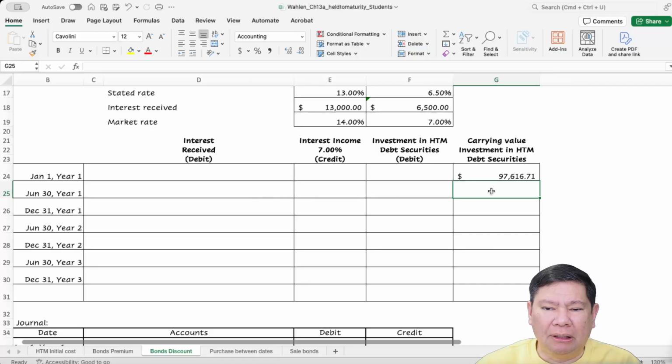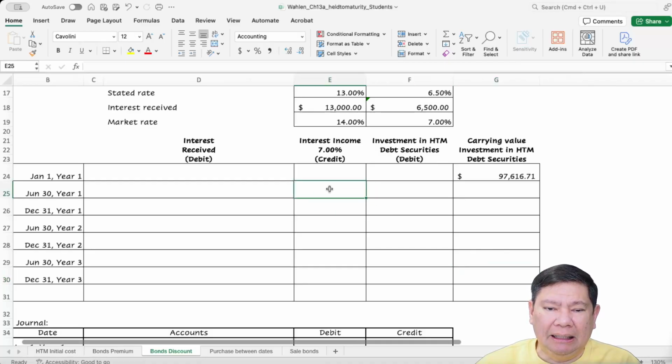And with the amortization, it will start to go back up to 100,000. So at the end of year 3, the carrying value of our investment will go back up to $100,000. And that's what we will receive when the bonds is at maturity date.